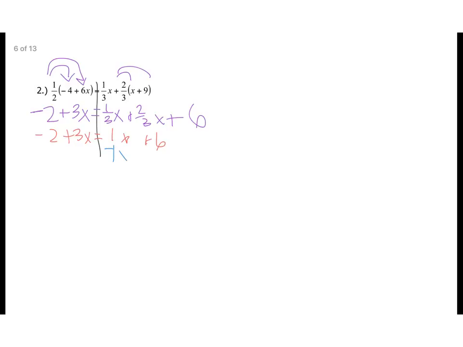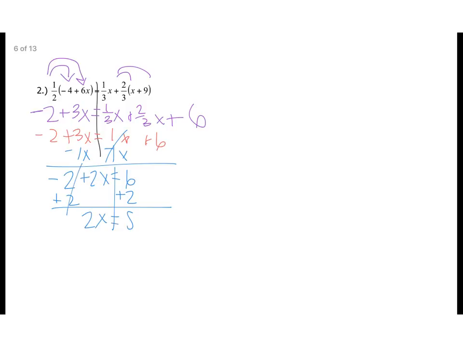So we're going to subtract 1x from each side. Negative 2 plus 2x equals 6. And we're going to add 2 to both sides. So 2x equals 8. And finally, we're going to solve. So we divide by 2, and x equals 4.